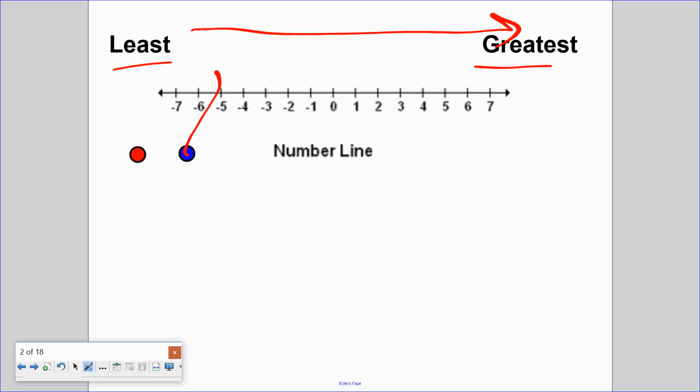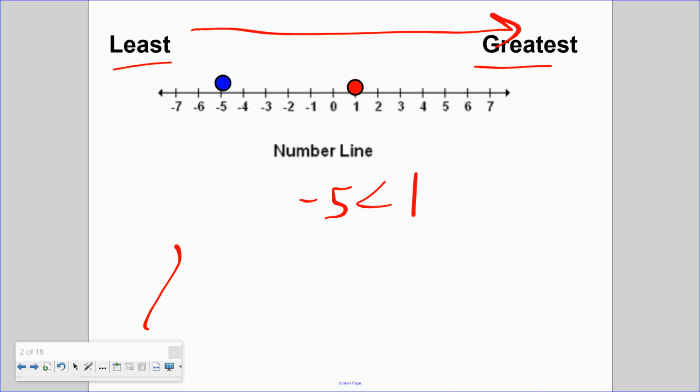If I have two numbers like negative 5 and 1, which one would be greater? 1. So what can I say? I can say negative 5 is less than 1, or I can say 1 is greater than negative 5.